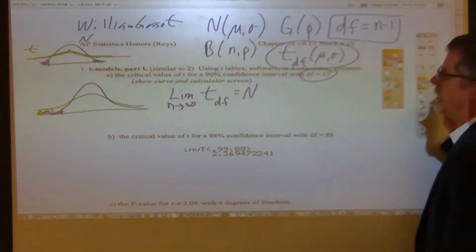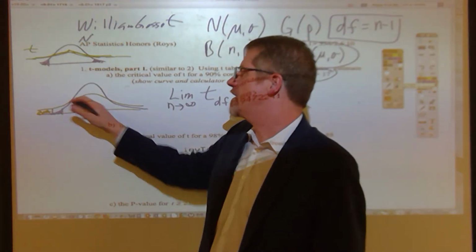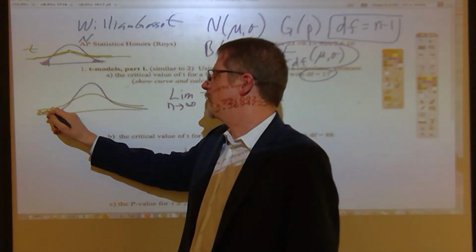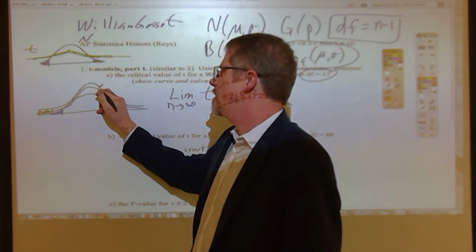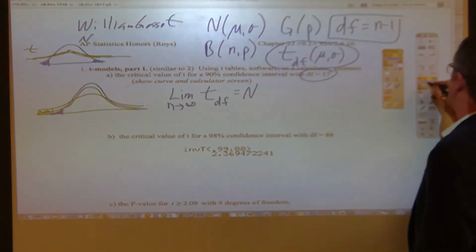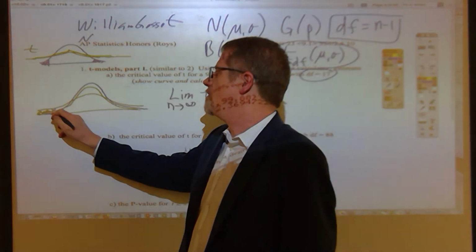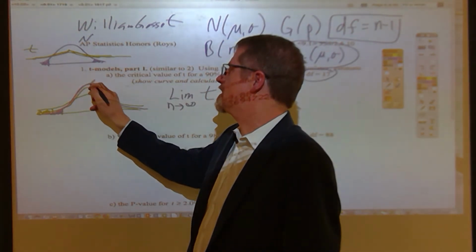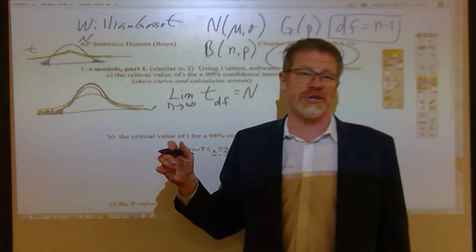So check this out. If the degrees of freedom is like 3, then you might get this really flattened bell curve. But if it's 4, 5, 6, maybe the degrees of freedom is 90, now the green T model is getting even closer to a normal model. If the degrees of freedom is 1,000, then the T model is going to be almost indistinguishable from a normal model.